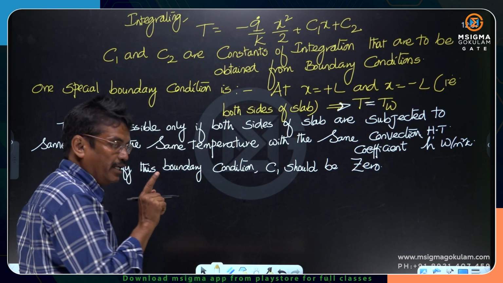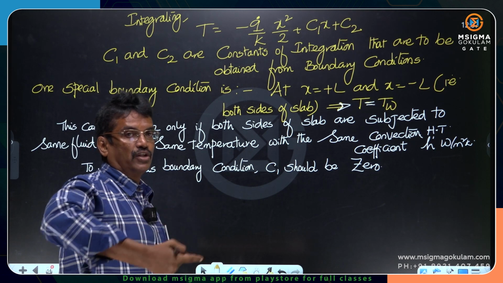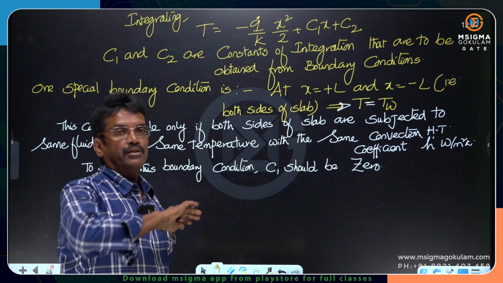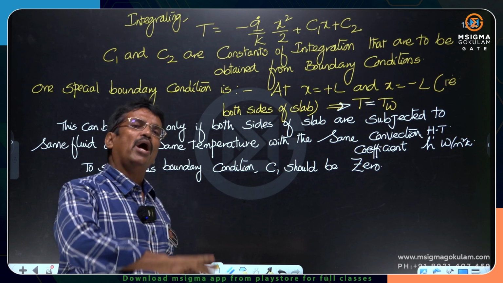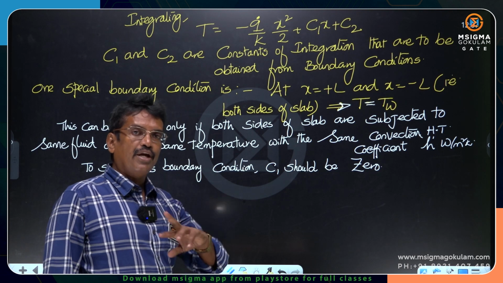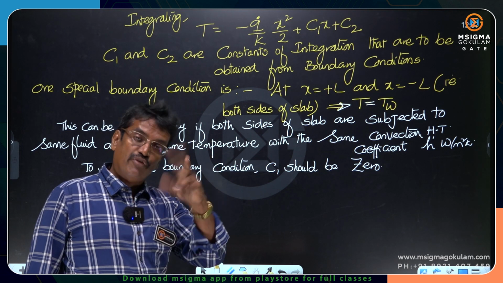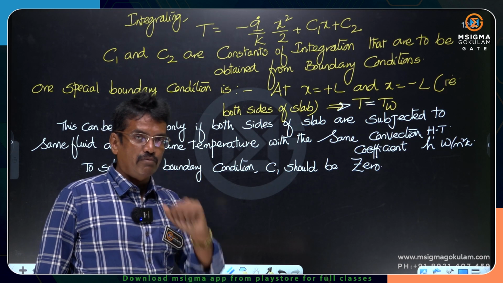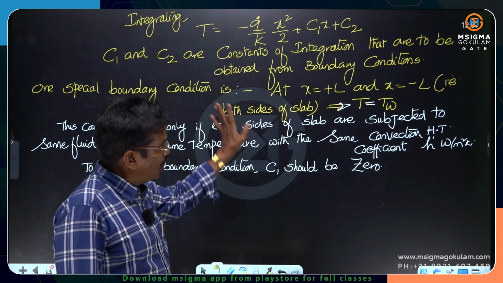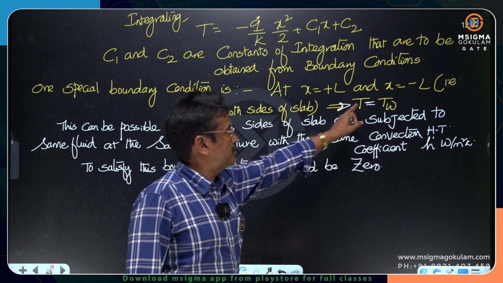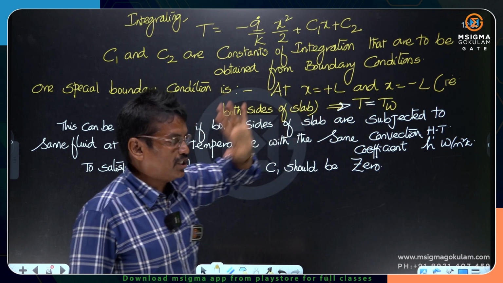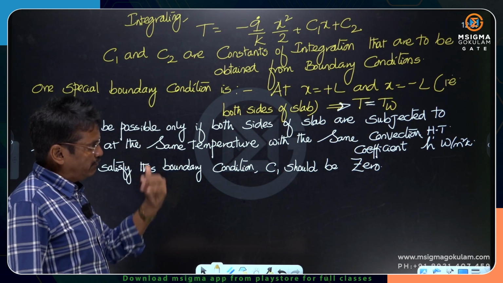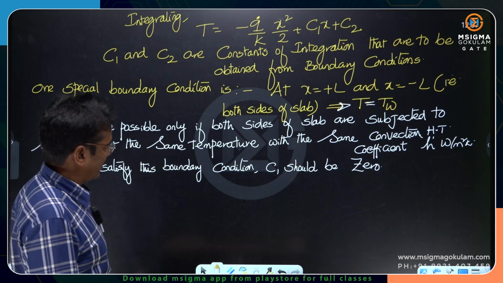Please note that in case both sides of the slab are at different temperatures, then C1 need not be 0 and it will not be 0. Mind that C1 will be 0 only when you observe the same temperature on both sides of the slab. Okay, I am continuing with this special boundary condition.